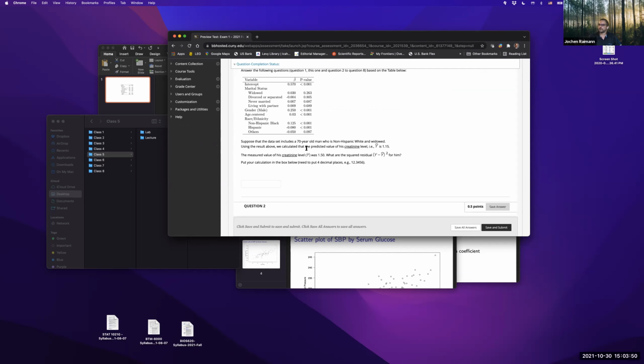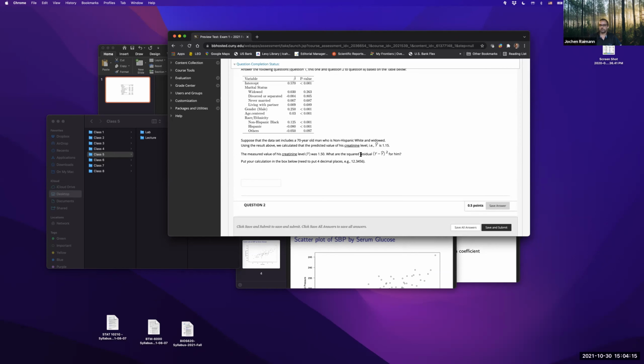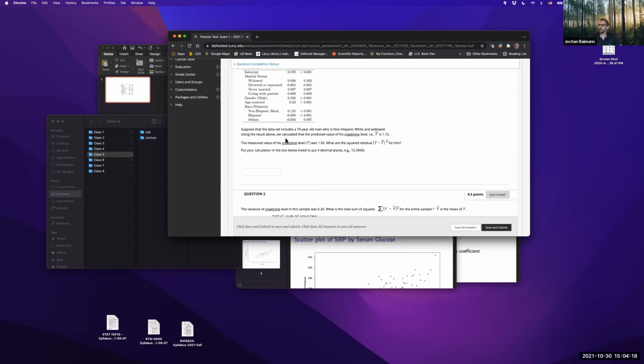Okay. So now we are asked to calculate the residuals for a 70-year-old non-Hispanic white widower. So that would imply that we are essentially looking at a creatinine level of 1.15. His actual measured creatinine level is 1.50.